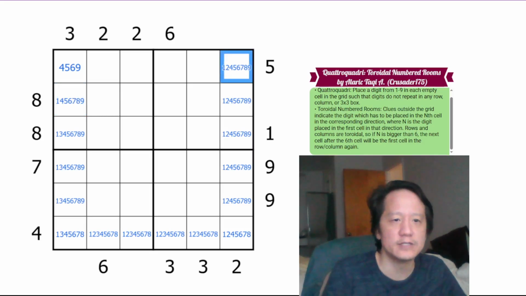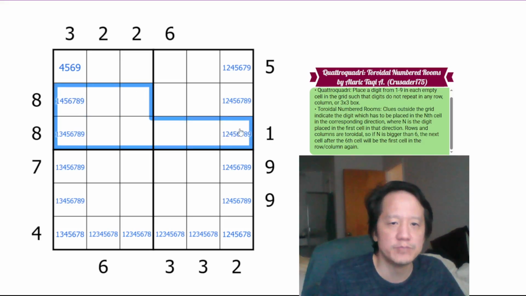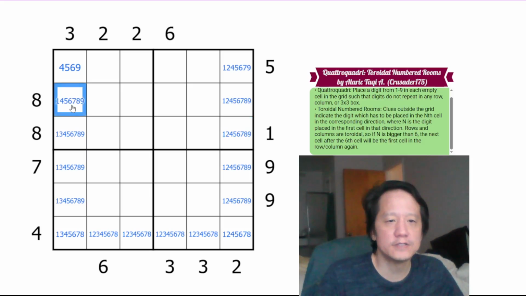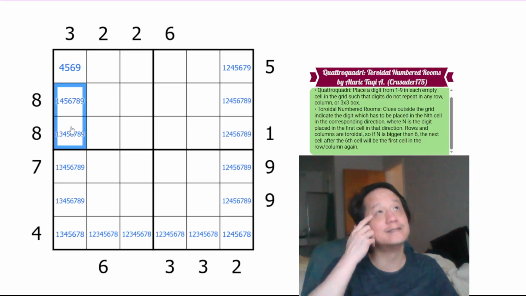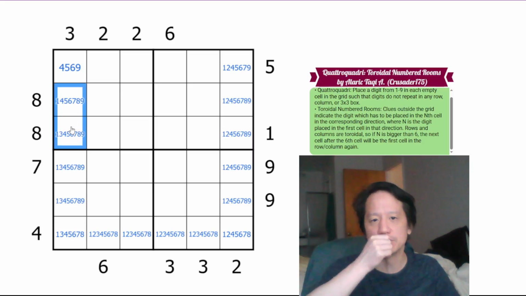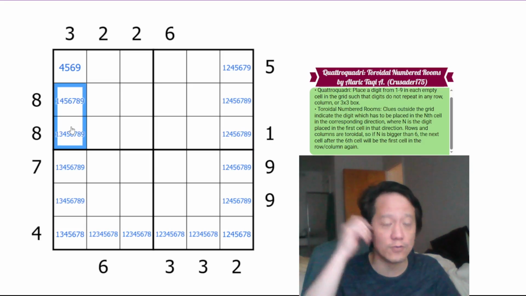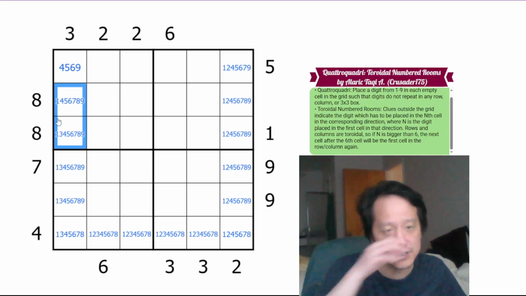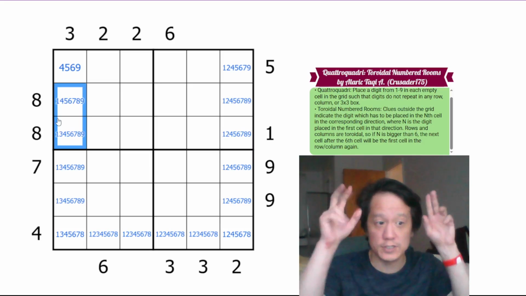This can't be 8 because, again, the 8s in these boxes are in rows 2 and 3. None of these can be 1. Unless the digit in the numbered rooms clue is a 1 or 7, you can never have a 1 or a 7 in the first digit, because that would signify that the digit on the outside has to be in the first cell, essentially.